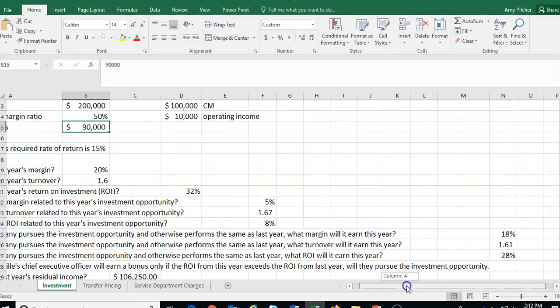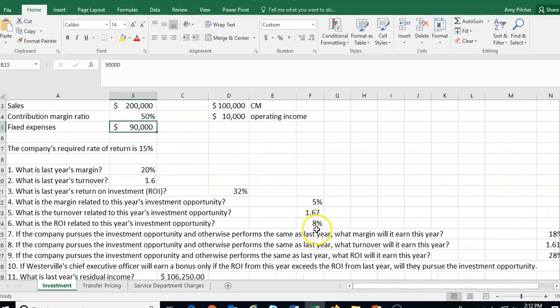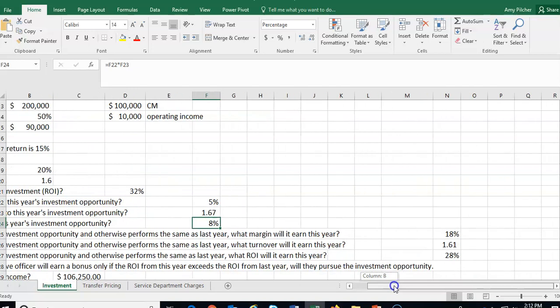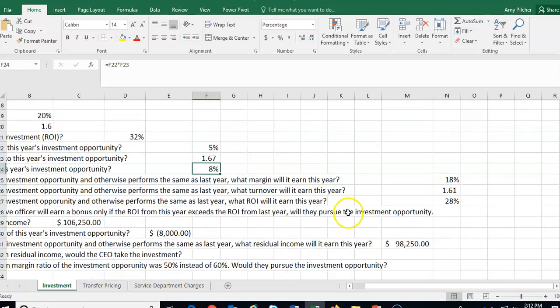So then you see that the ROI has dropped from 25% to 8%. That no longer meets our minimum required rate of return. So we're going to reject it, not just because it drops our return, but because it doesn't meet our minimum of 15%.